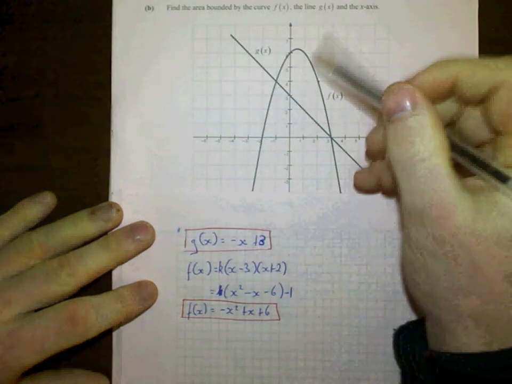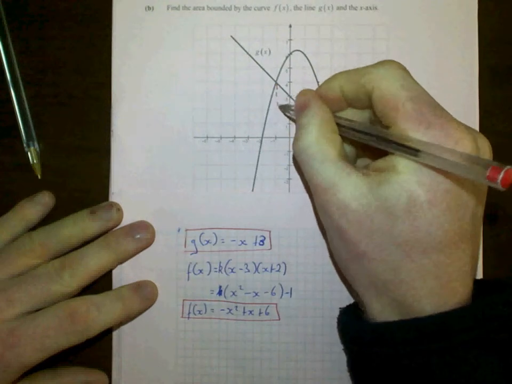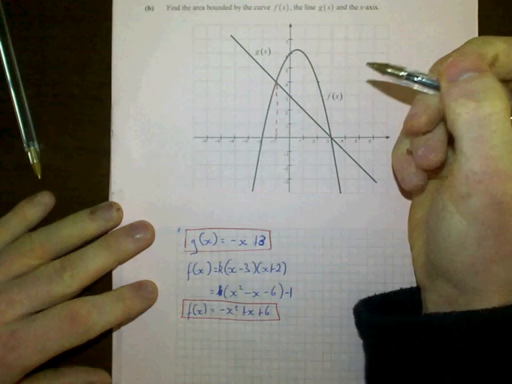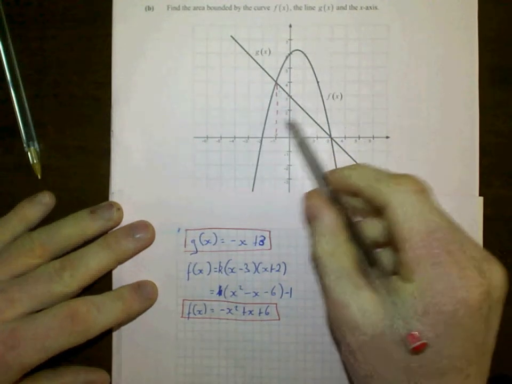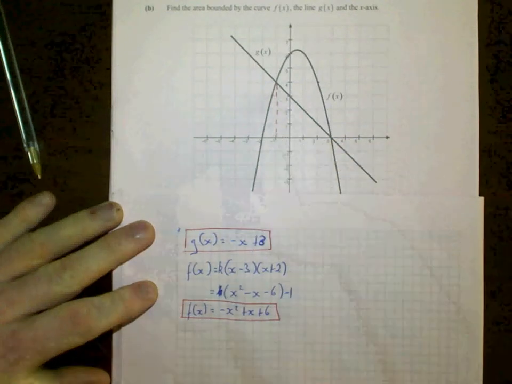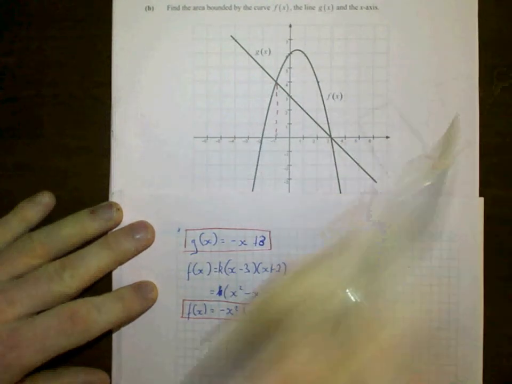What I'm actually going to do is split it here into two different parts. If I get the area of this one, and then I get the area of that one, and add them together. So I'm going to get the area underneath the line between minus 1 and 3.